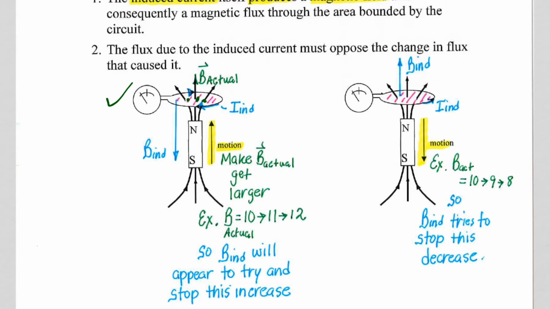It's 10 up, but now it's getting stronger. It's 11, and now it's 12. Well, nature is going to create a B field, B induced, to try to keep that from getting bigger and then bigger still. So I induced is going to be in this clockwise sense with B induced down to try and fight that from happening.